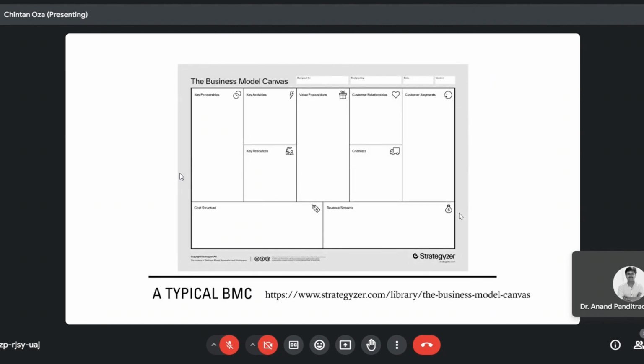A typical business model canvas can be downloaded at strategizer.com/library/the business model canvas. Please make a note. Strategizer, S-T-R-A-T-E-G-I-Z-E-R.